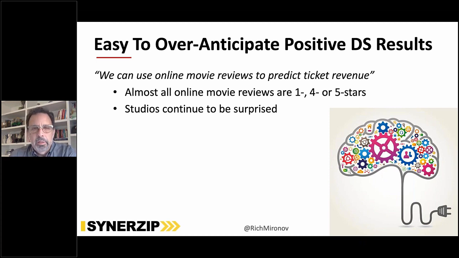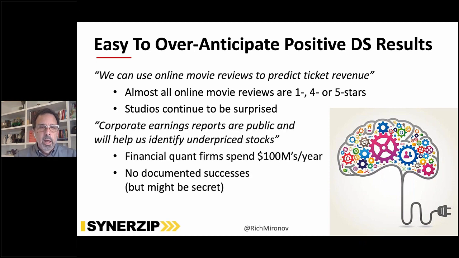You may find that Netflix has much, much better data than the studios do, because they actually know every time I pause or restart or finish or don't finish a movie or a TV show, but still pretty hard to predict. One that I think is even more clear, there's a lot of folks who have the impression that if we go back and look at a few decades worth of corporate earnings reports, we'll be able to figure out which stocks are going to go up next week or next year or next month.